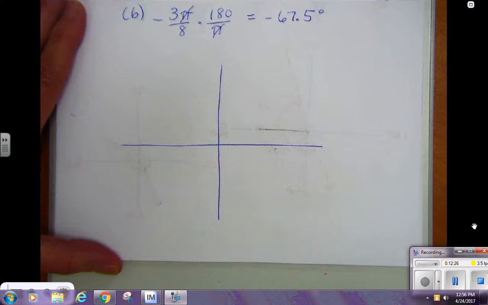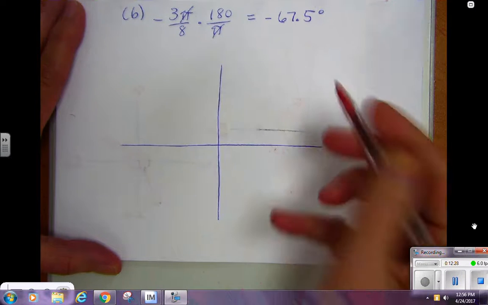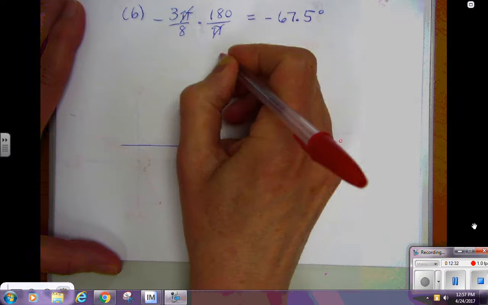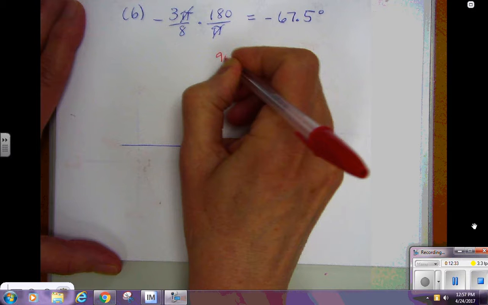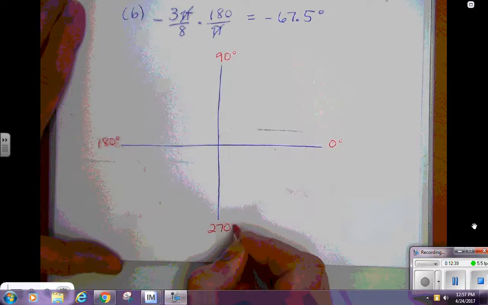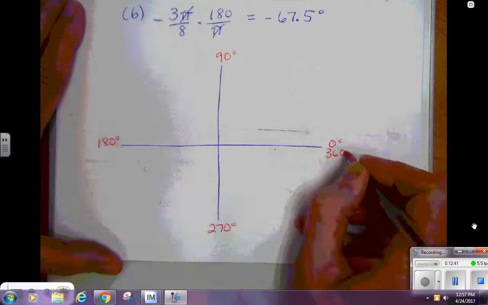And I'm going to label all my axes just like we did before, with 0 degrees, 90 degrees, 180 degrees, 270, and 360 degrees.